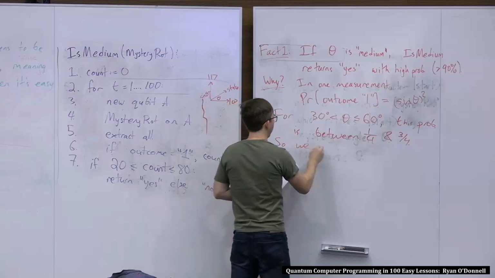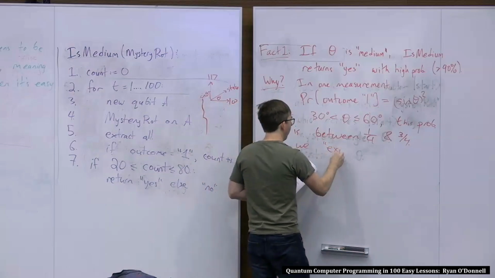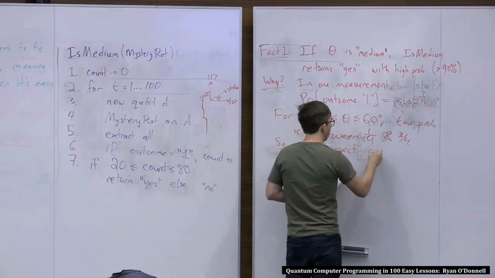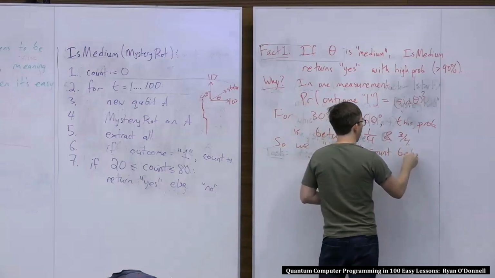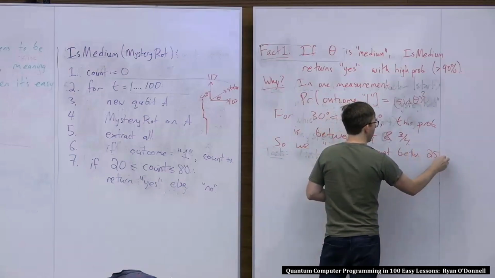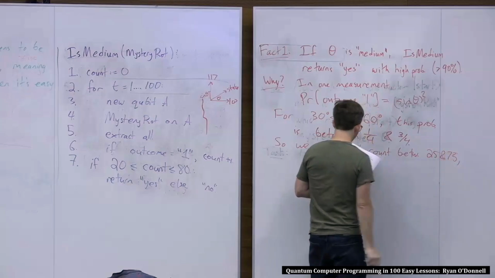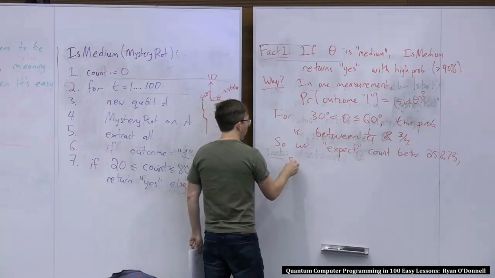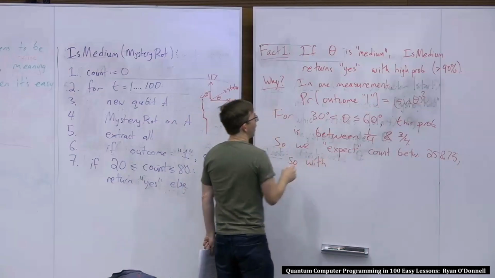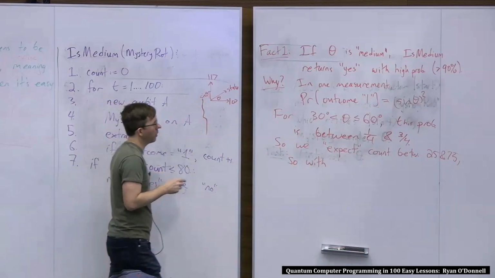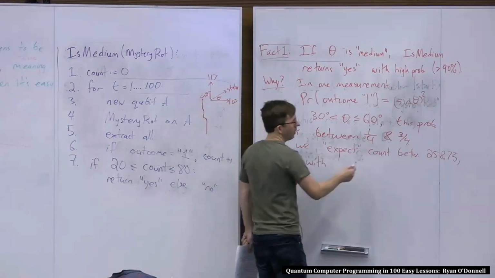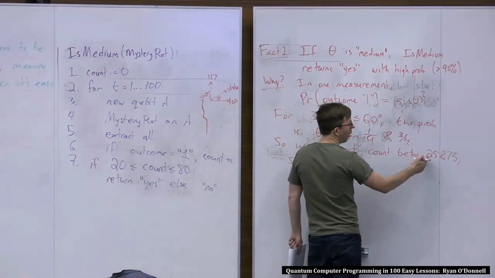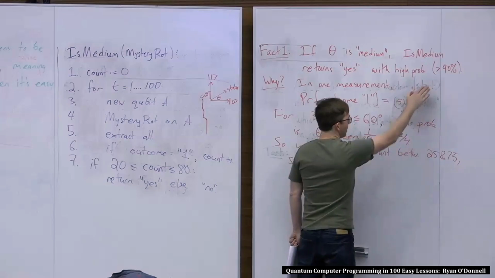So we expect a count between 25 and 75. And if you crunch the numbers, which I did on my computer and I'll spare you, you can check that the probability it's less than 20 or more than 80 is less than 10%.